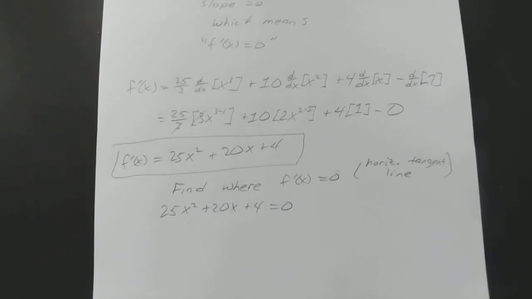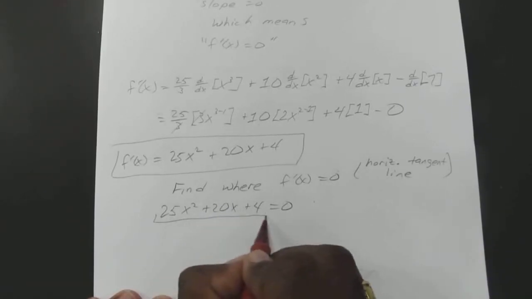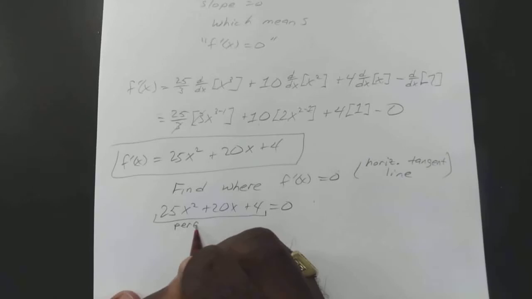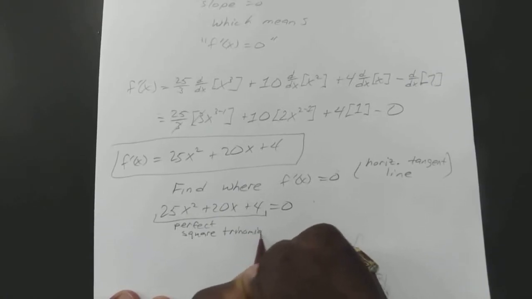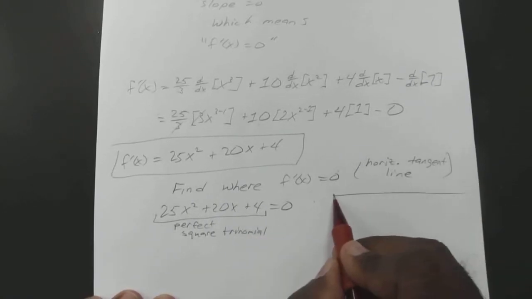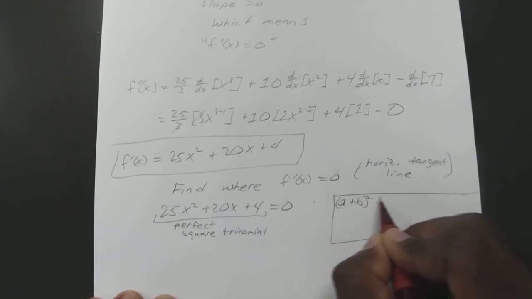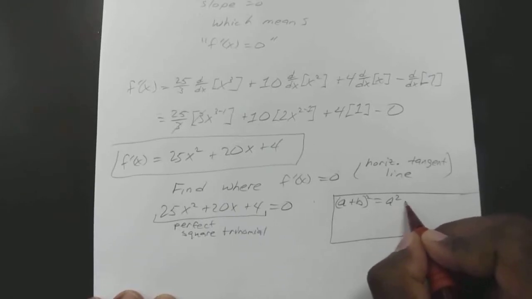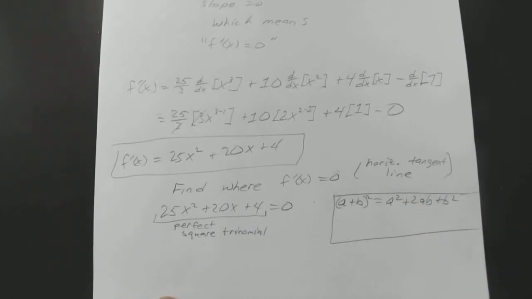Okay. If you notice, that's a perfect square trinomial. And it actually follows a plus b squared equals a squared plus 2ab plus b squared.